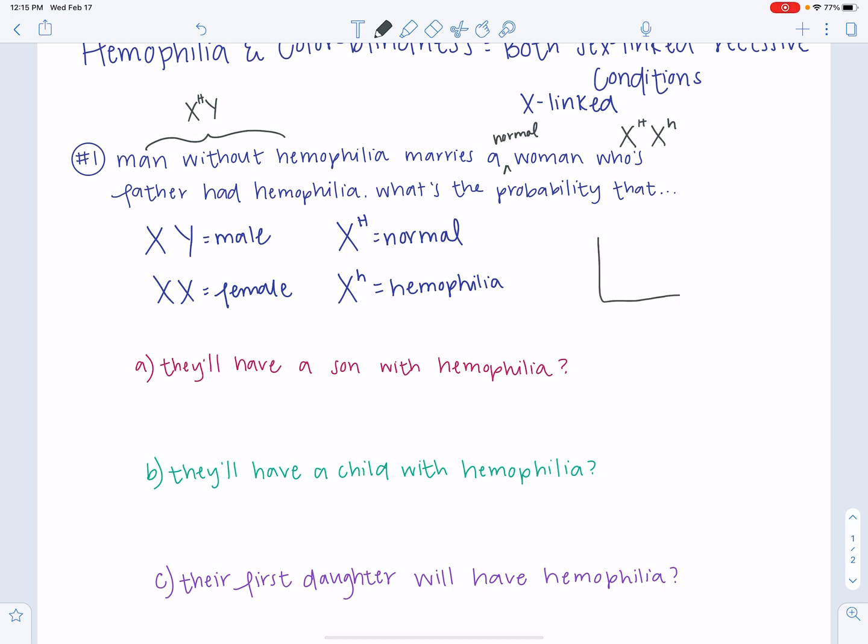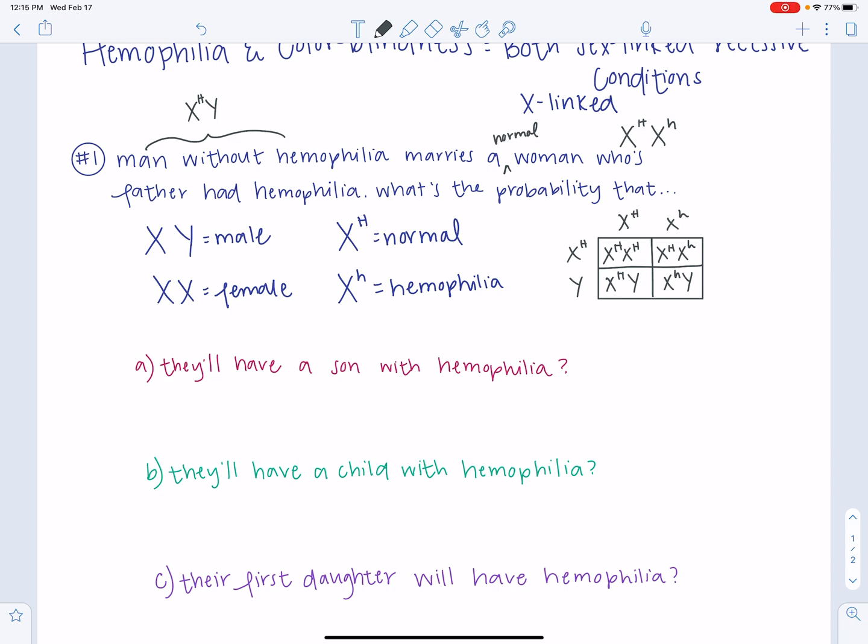Then we will make ourselves a Punnett square to help us answer our problems. The first one asks the probability that they will have a son with hemophilia.